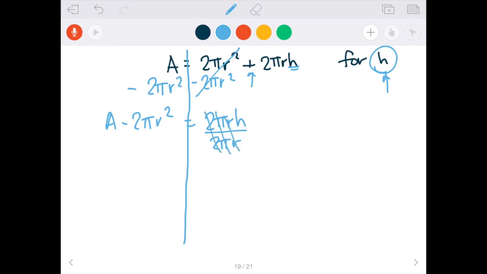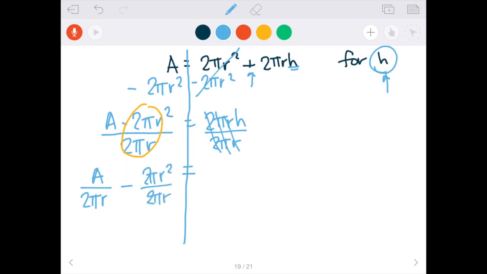So the 2, the pi, and the r all cancel out. Over here, we're going to do like that. Now, since it is possible to simplify right here, I'm going to split the division. So I'm going to say a divided by 2 pi r minus 2 pi r squared divided by 2 pi r.